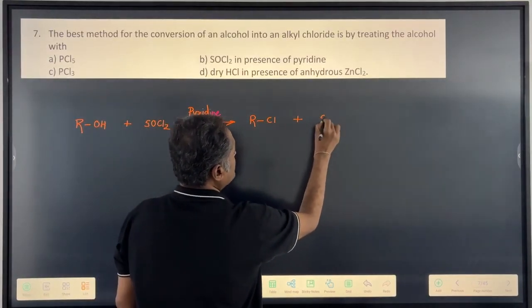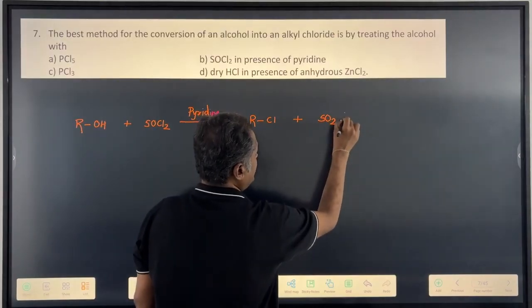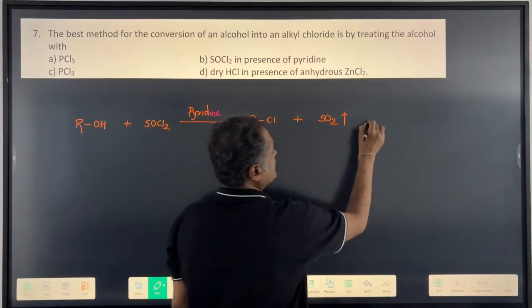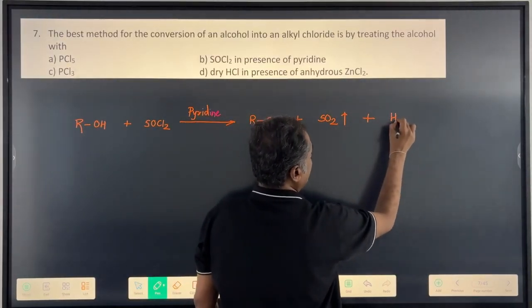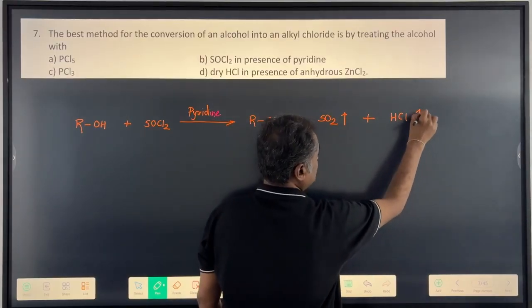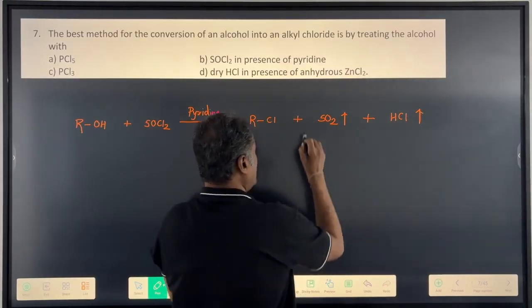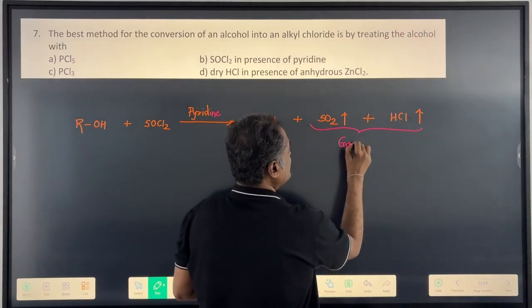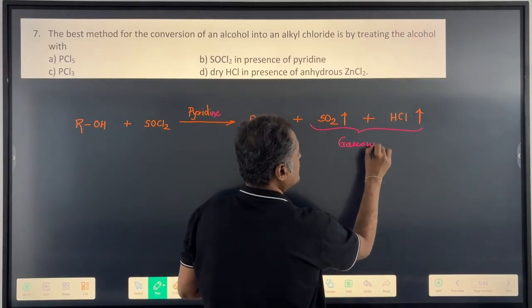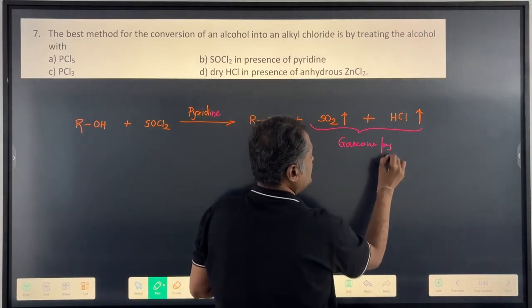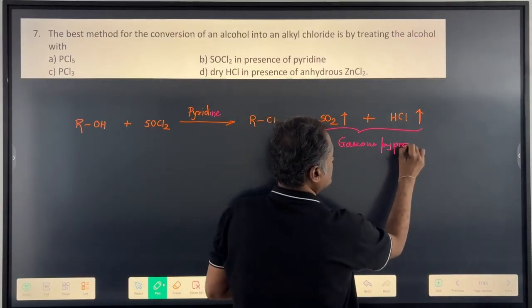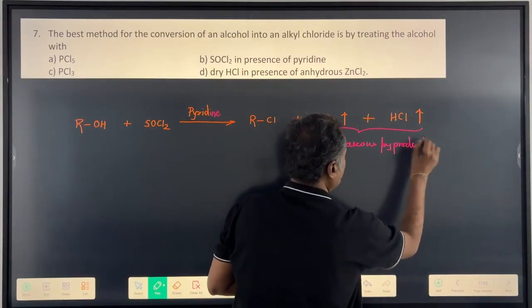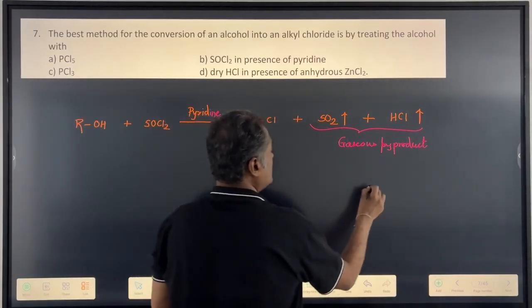The other products obtained are sulfur dioxide gas and HCl gas. Now, please remember, child, both the byproducts in this reaction are gaseous, and being gaseous byproducts, they can be removed very easily from the reaction mixture.